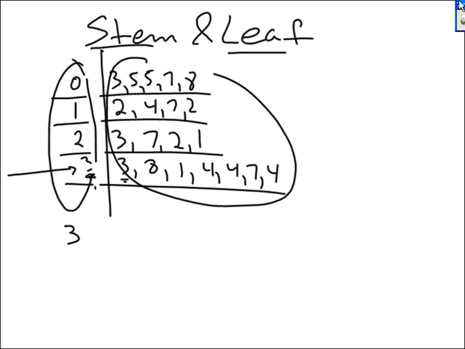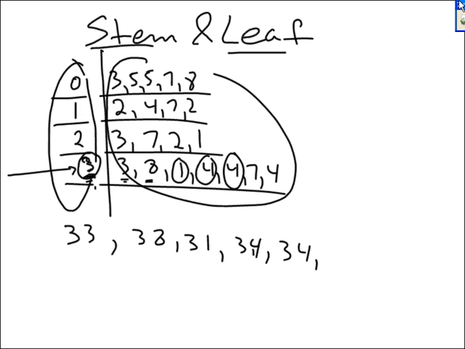You have 3 and then 3, that's one number. Then 3 and 8, better known as 38. Then 3 and 1. Then 3 and 4, which is 34. Then 3 and 4 again. Then 3 and a 7. Then 3 and a 4, which is good old 34.